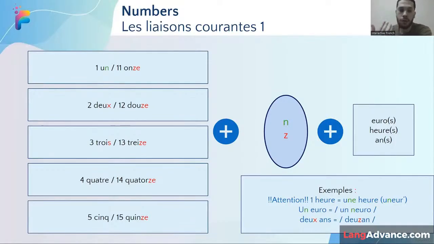Now, for a lot of numbers, you would have a z sound, right? So, for instance, for the 2, the 3, 11, 12, 13, 14, 15, everything in red here, you would have a z sound. So, if you want to say 2 hours, you're going to say 2 heures.